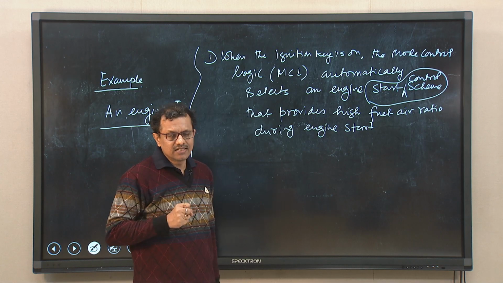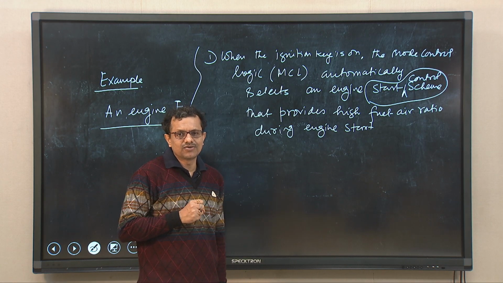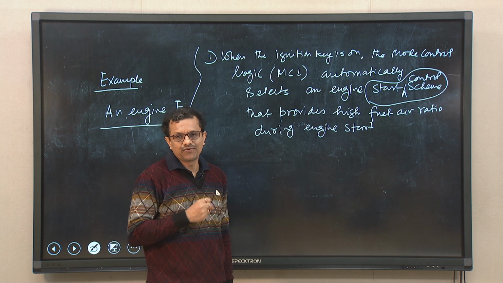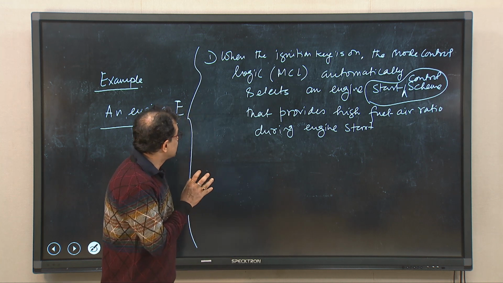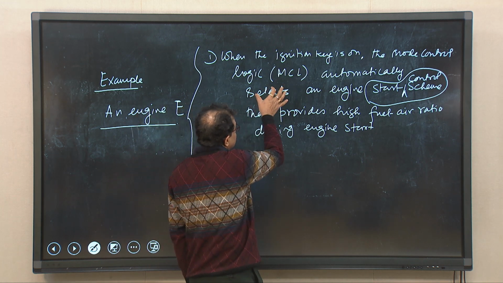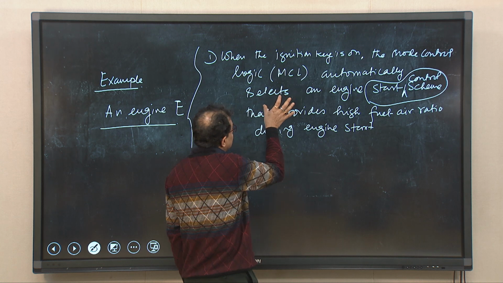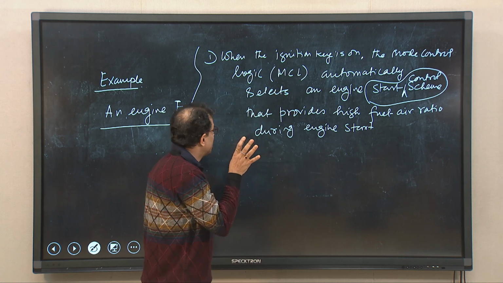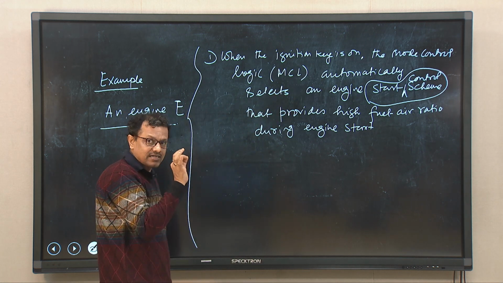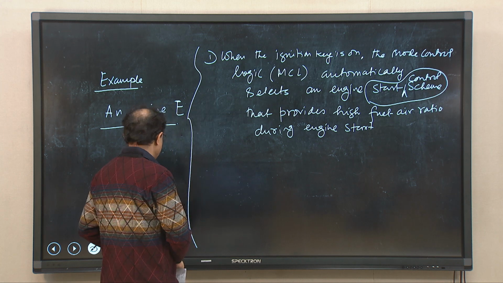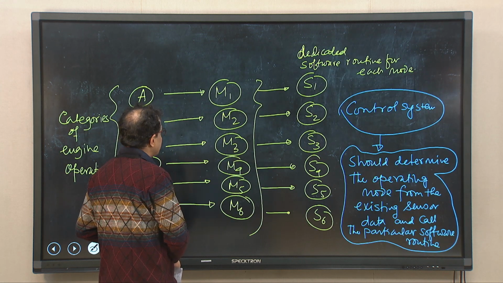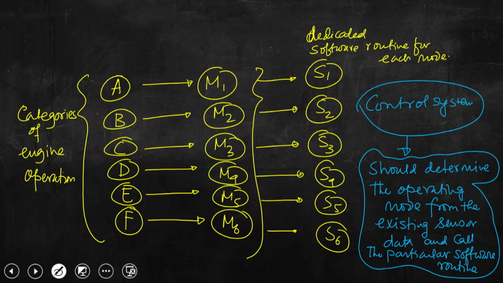So, when we start the engine, we have studied from our IC engine course that we need to supply a rich air fuel ratio, and that information should be given by the mode control logic. So, the mode control logic of the control system automatically will select a particular mode. If we go back to the previous slide, those are software routines, the control system will use sensors to detect whether the engine is now going to start or not.